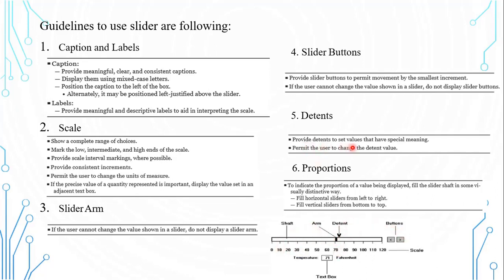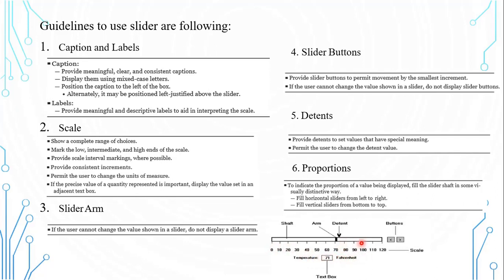Provide detents to set values that have special meaning. Certain values you may be setting there which have importance in the application. For example, in this case the application is showing the temperature in Fahrenheit.